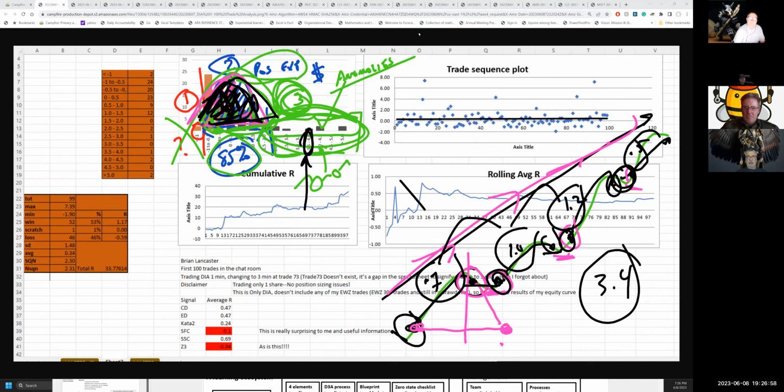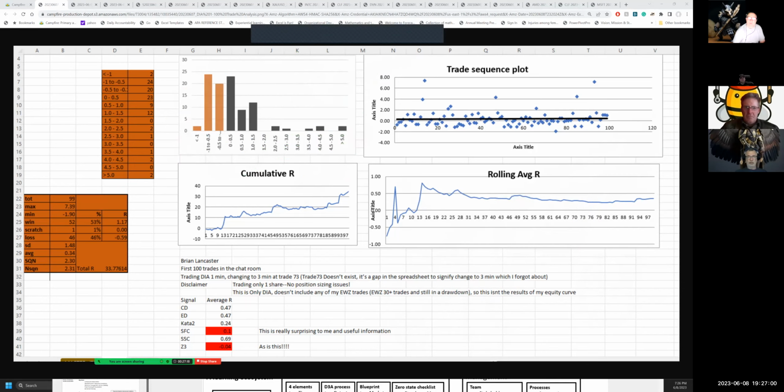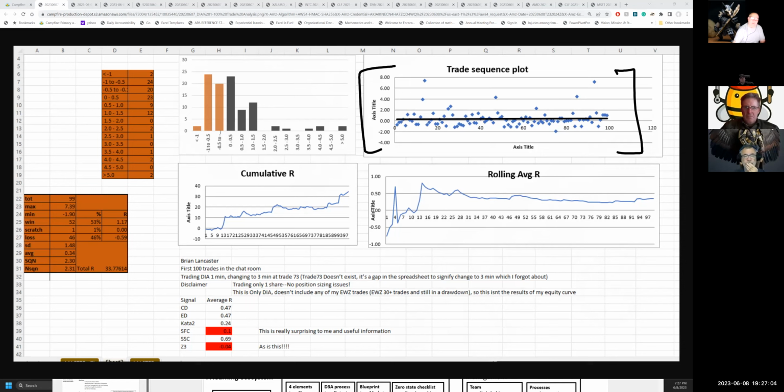So when I look at the trade sequence plot, that's kind of what I'm looking for too, is what was the distribution of these things that were better than 2R. And there was sort of a comfortable frequency, and they were happening, every so often, almost like a little heartbeat.